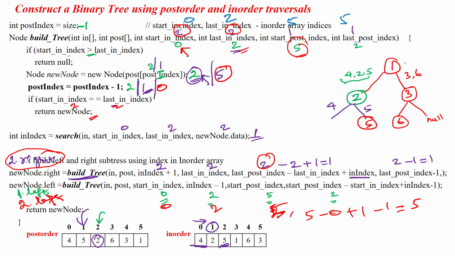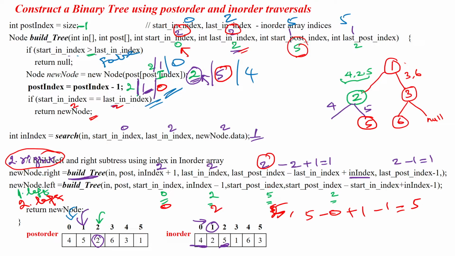Now we are checking whether starting index is greater than last index, no, it is false. Then we are creating the new node. So now the index is 0, and for the 0 we are creating a new node. In the 0 we are having the 4. So 4 is created. Now again we are checking whether starting index equals last index, which is false.